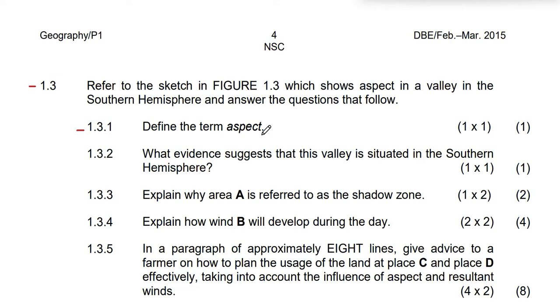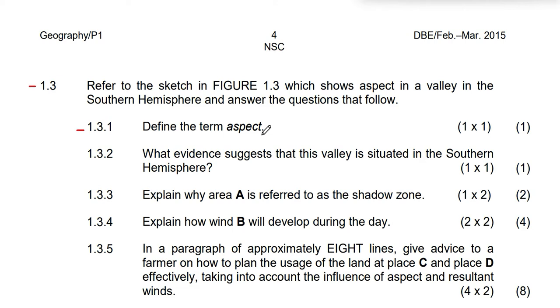It is a term that describes where a specific slope is facing. Meaning that if it's facing in that direction, it is receiving the sunlight from that direction. So that's aspect.